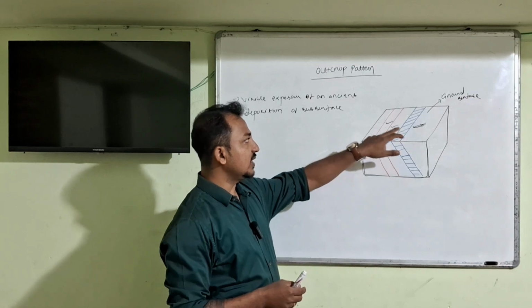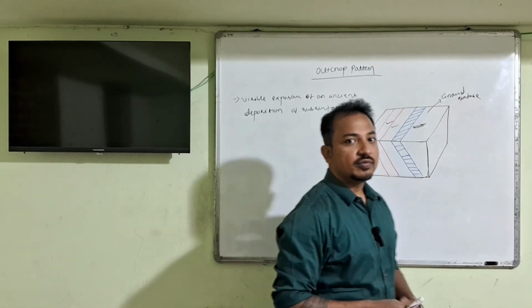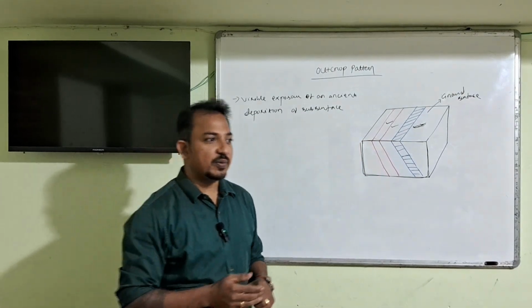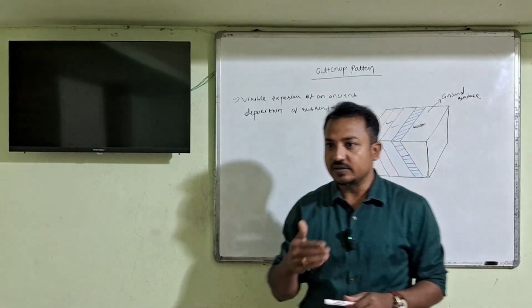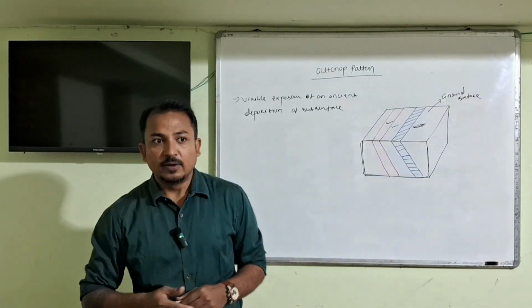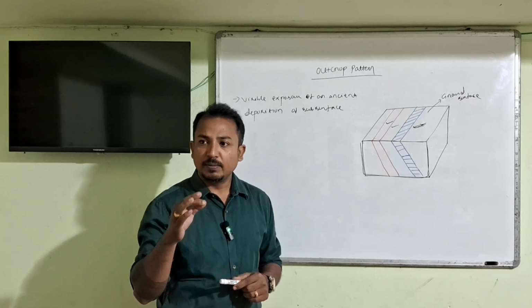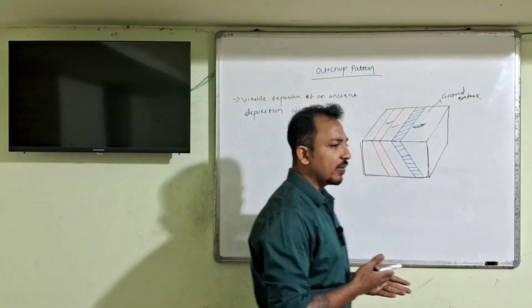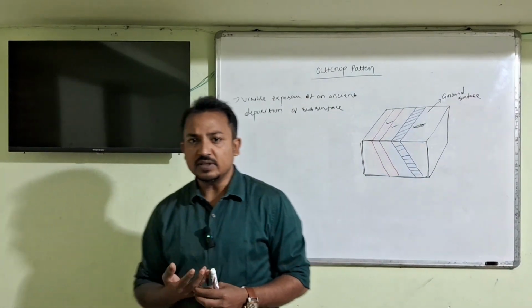From this outcrop exposure, you will be able to define different types of structure, because different types of structure will produce a pattern of exposure, which is called the outcrop pattern. From that pattern, you will know the type of structure, or you can say different types of fold, and different types of fault you can also determine from this pattern.